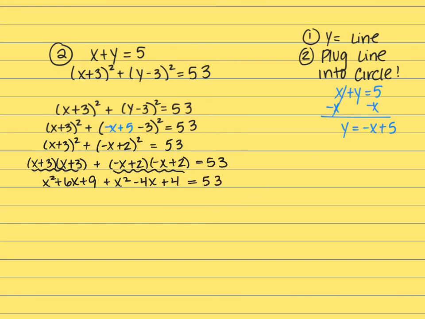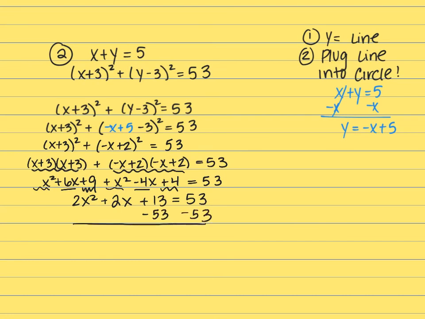And then add like terms, we have an x squared and an x squared, 2x squared. 6x plus negative 4x is positive 2x. And 9 plus 4 is 13. And then when you set it equal to 0, you should have subtracted 53 on both sides, and you get 2x squared plus 2x minus 40 equals 0.